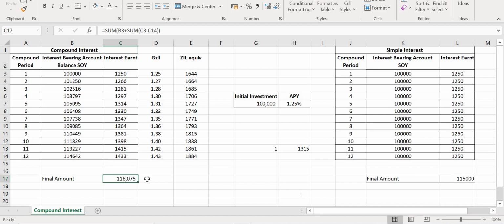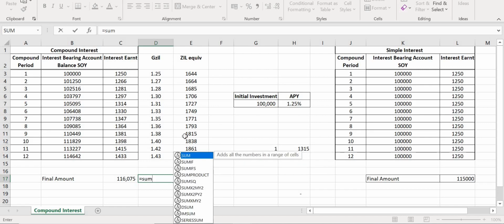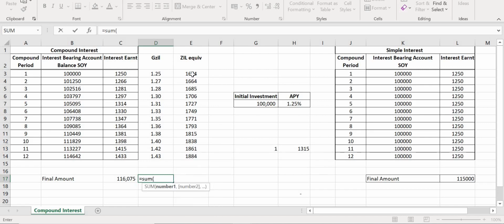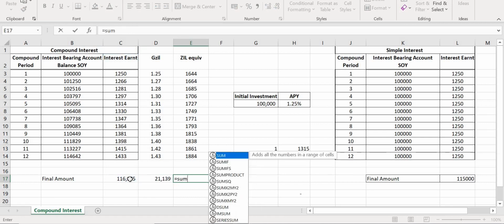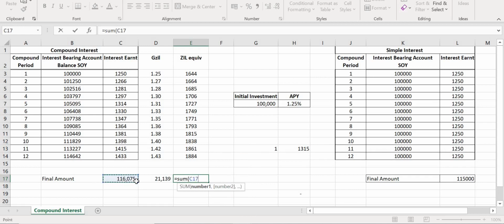We then need to add all the GZIL that we have actually been rewarded for each claim we made over that period. And that there is 21,139. So if we add that up, we shall sum both of these.